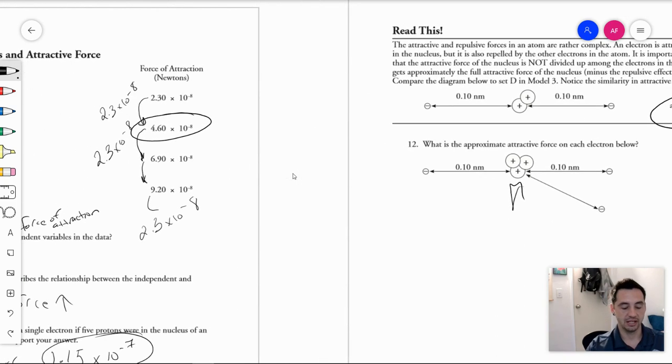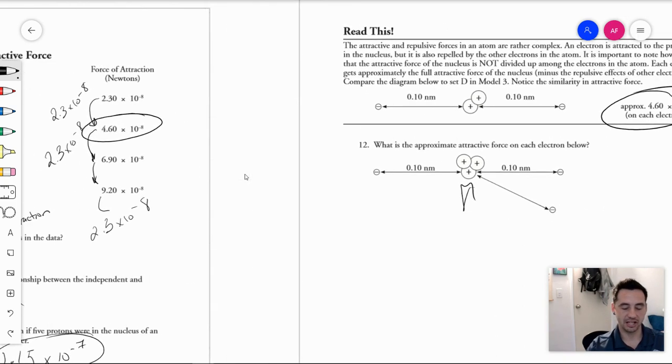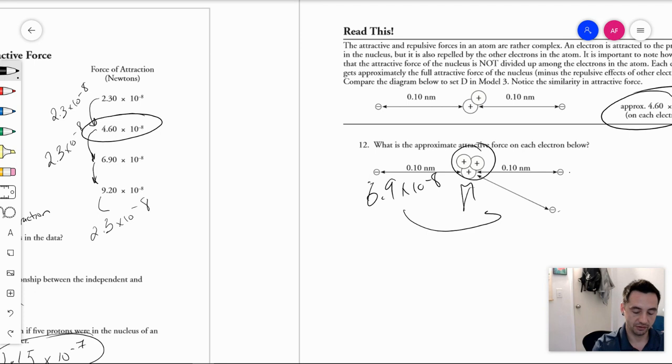No, not substantially. I should say the 3 electrons wouldn't change the force that 3 protons have. 3 protons would still have 6.9 times 10 to the negative 8 Newtons of force for all 3 electrons.